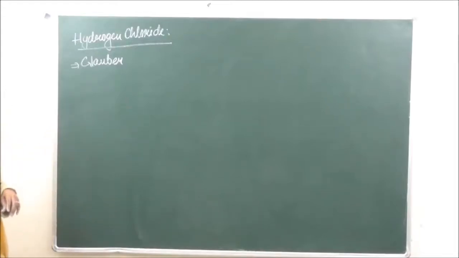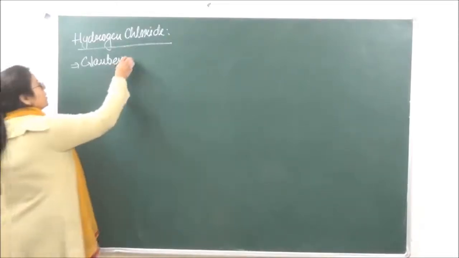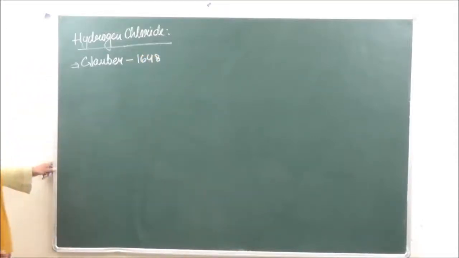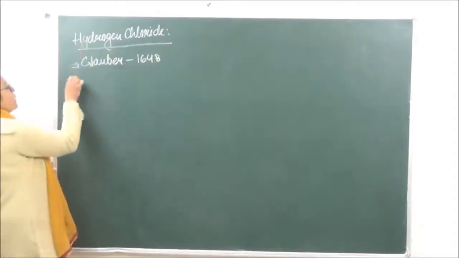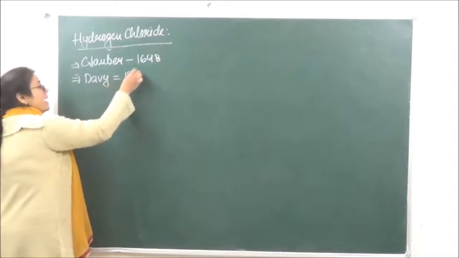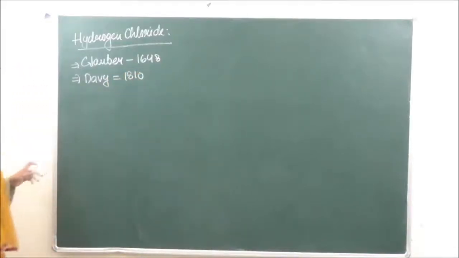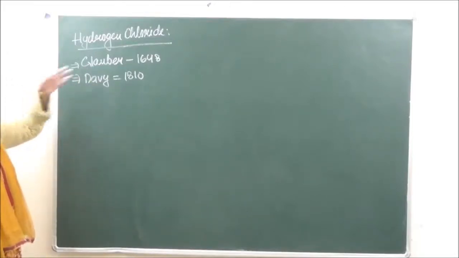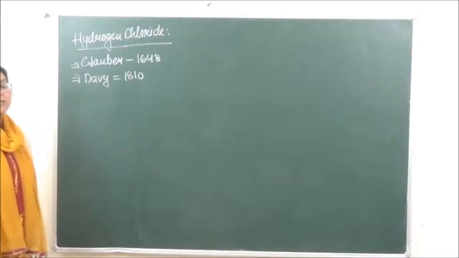Glauber was a scientist जिसने इसको prepare करा था in the year 1648. ठीक है? और डेवी ने इसको शो करा इतने सालों के बाद. डेवी ने 1810 में कहीं जाके इसको शो करा कि it is a compound of hydrogen and chlorine. So it took so many years in order to explain the characteristics of HCl.